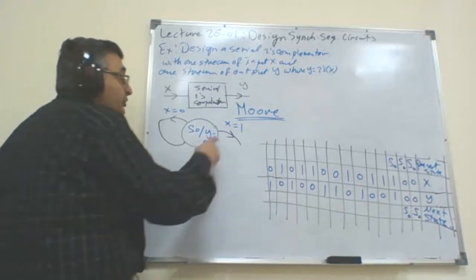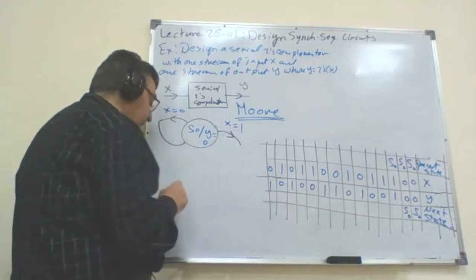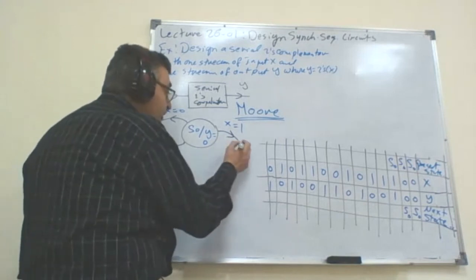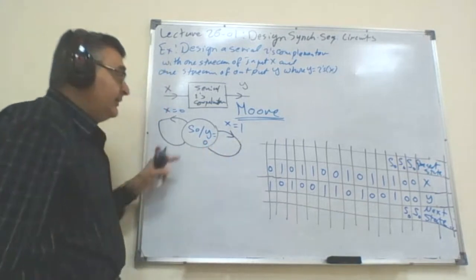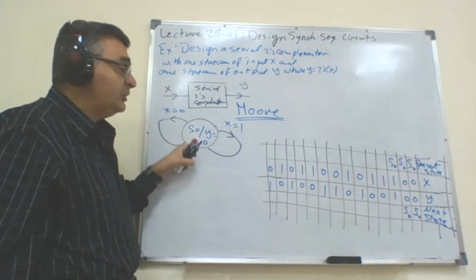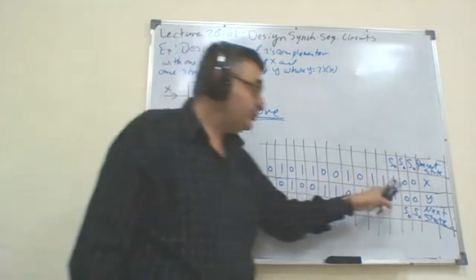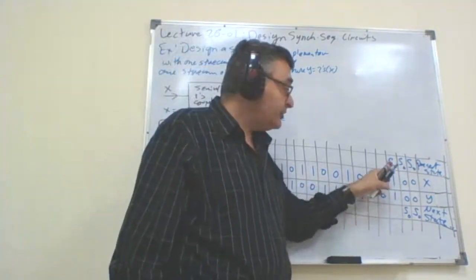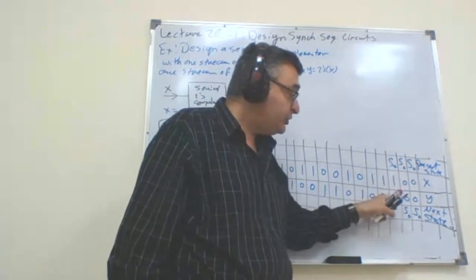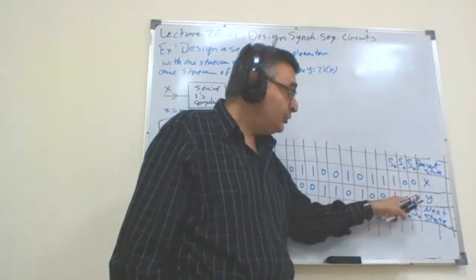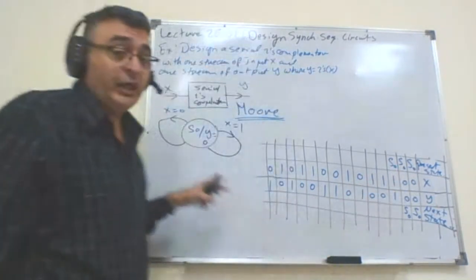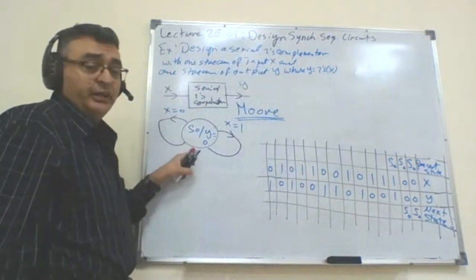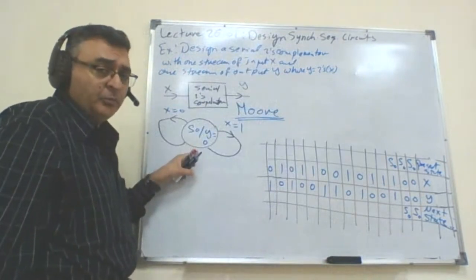But do you think that I can stay in the state? If I assume that I'm staying in that state, this state defines Y equals 0. However, for the complementer, I have to switch the output from 0 to 1, which is broken here. This is not valid anymore.